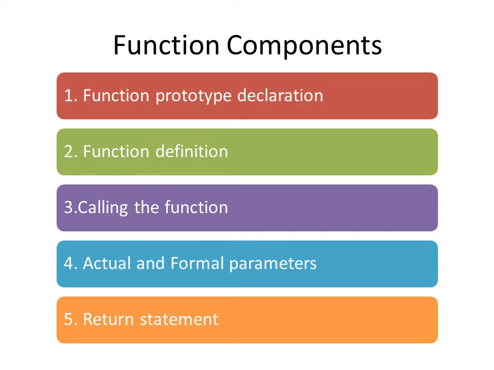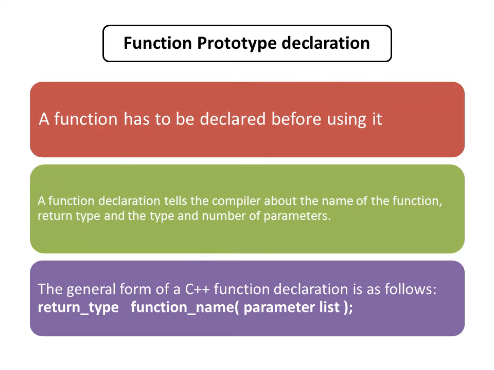When we call the function, the control will be transferred to the function definition, and here come the parameters, that is the values that are passed between the functions. There are two types of parameters, actual and formal parameters. After the function is called, it will do some work and return some result through the return statement.